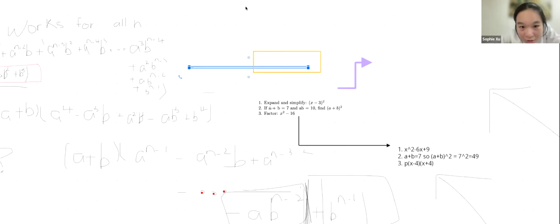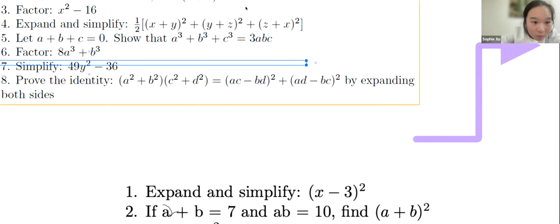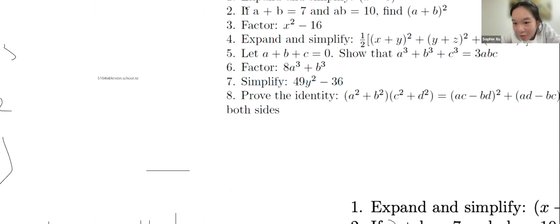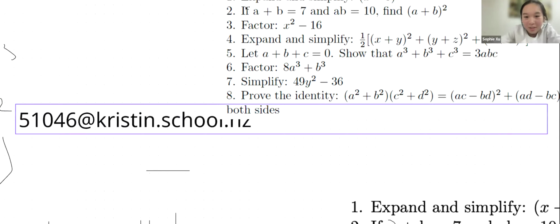Can you see? 51046. Yeah, there, that's really small. You guys can email me.